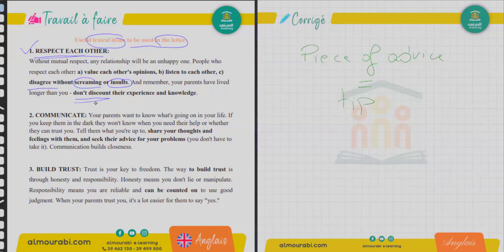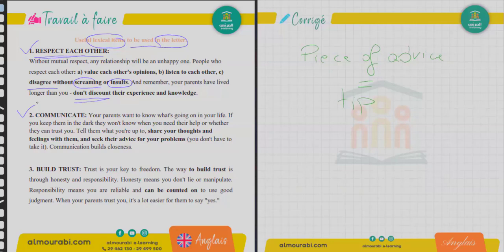There is solution number 2 here. Can I read? Yes, please. Communicate. Your parents want to know what's going on in your life. If you keep them in the dark, they won't know when you need their help or whether they can trust you.